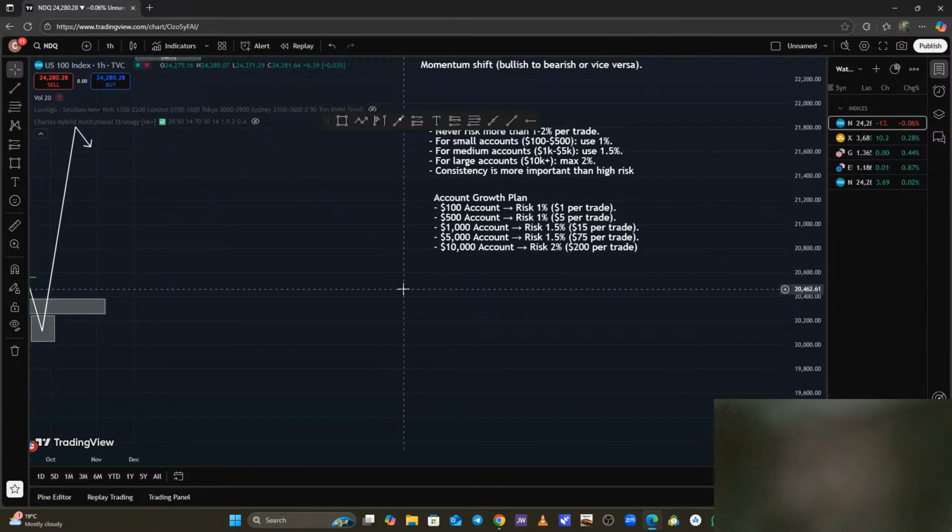If you have a $100 account and you're risking 1%, if you lose that trade, you will lose only $1, and that gives you a chance to attempt 100 trades. So you can attempt 100 trades before you lose the whole account. Losing all 100 trades is practically impossible.